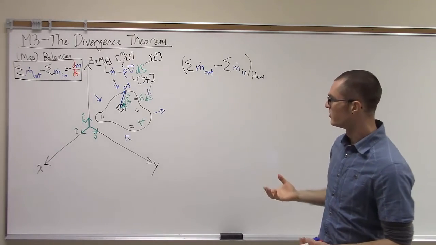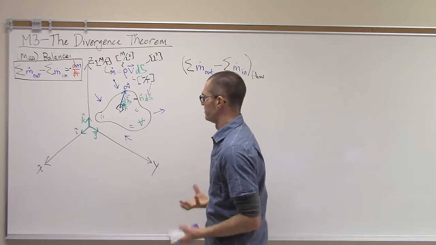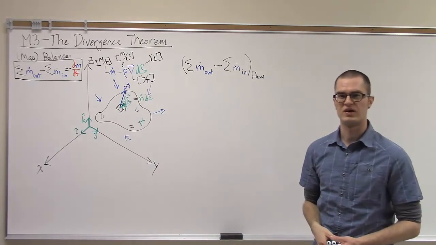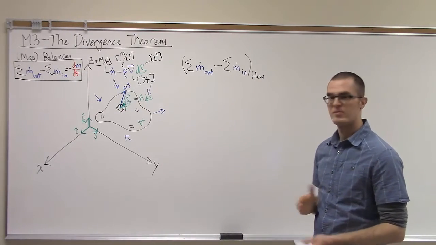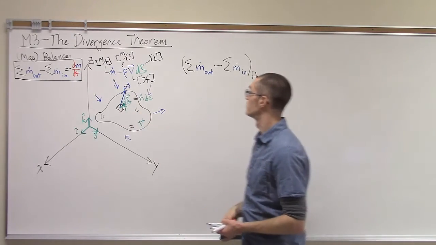And the component that is flowing in this outward direction is the only part that's actually flowing into or out of the volume. So if you remember back to our vector products, we can get the component in this direction through a dot product.